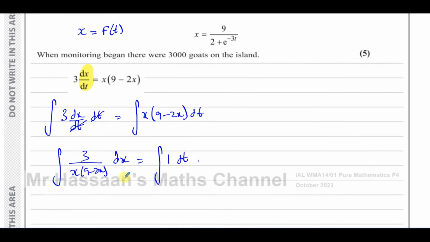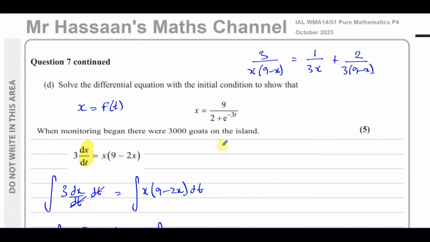Now what we've got here is exactly what we had in part C of the question, where we had to rewrite this in partial fractions. So why do they ask us to rewrite this in partial fractions? Because integrating this is not so easy, but when you split it like this, it's very easy.